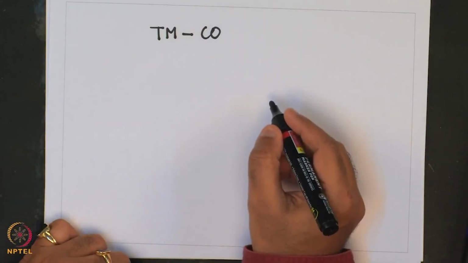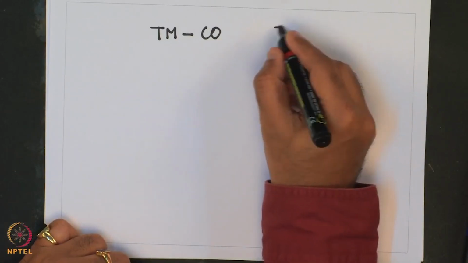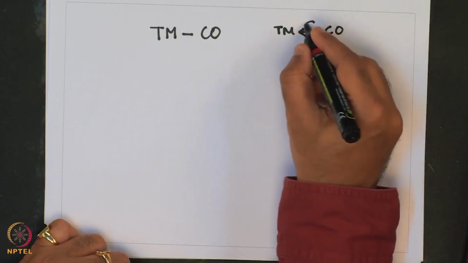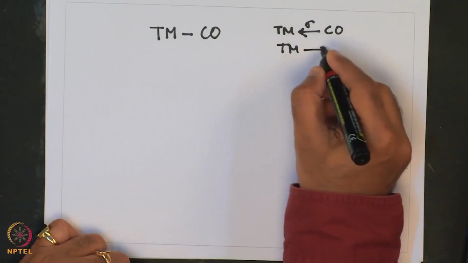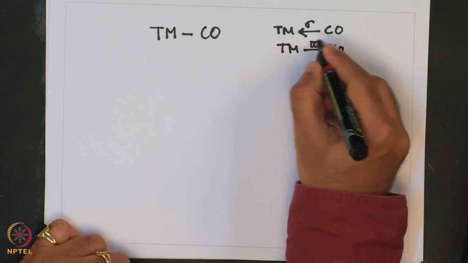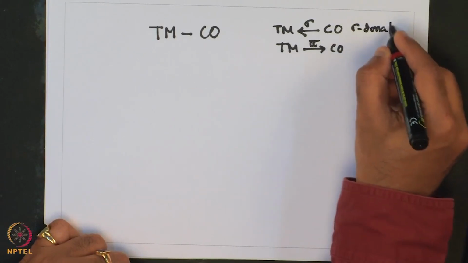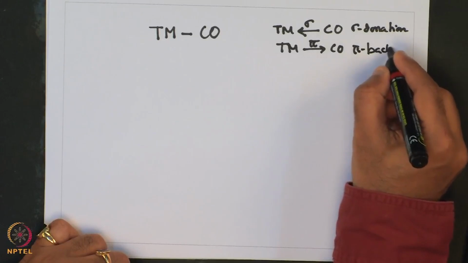So, what we saw is that there are two kinds of interaction. One is CO to transition metal sigma interaction, as well as transition metal to CO pi interaction. This is called sigma donation, and this is called pi back donation.